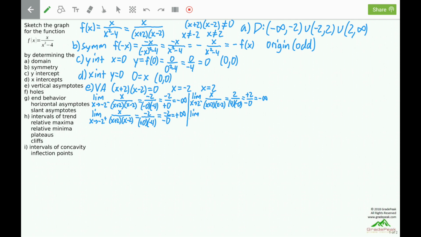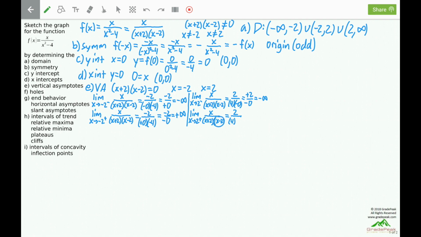And we can now determine the behavior on the right side by taking the limit as x approaches 2 from the right side. It's the fully factored version of the function. Plugging a +2 in for each of the x's in the numerator will give a +2. In the denominator for the first factor, 2 plus 2 will be a +4.